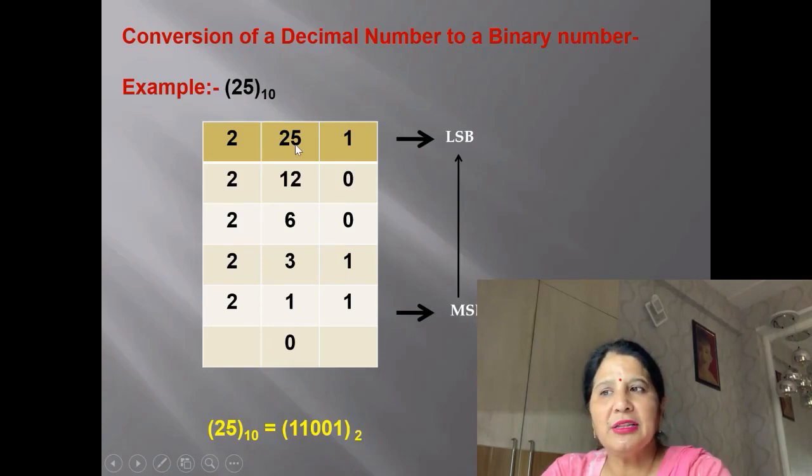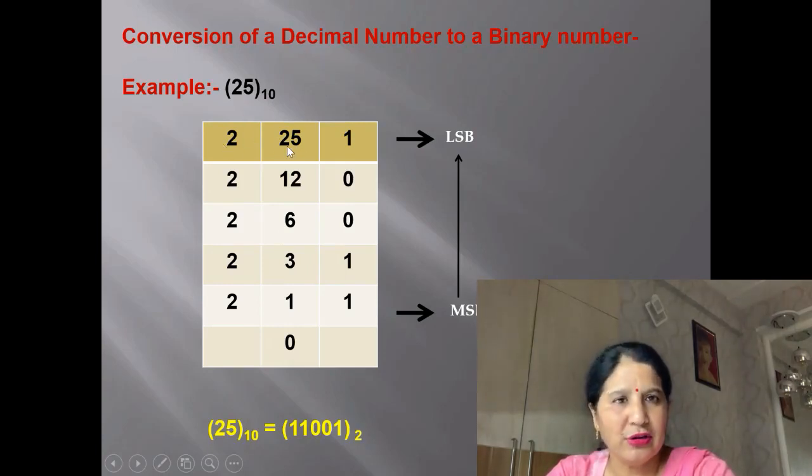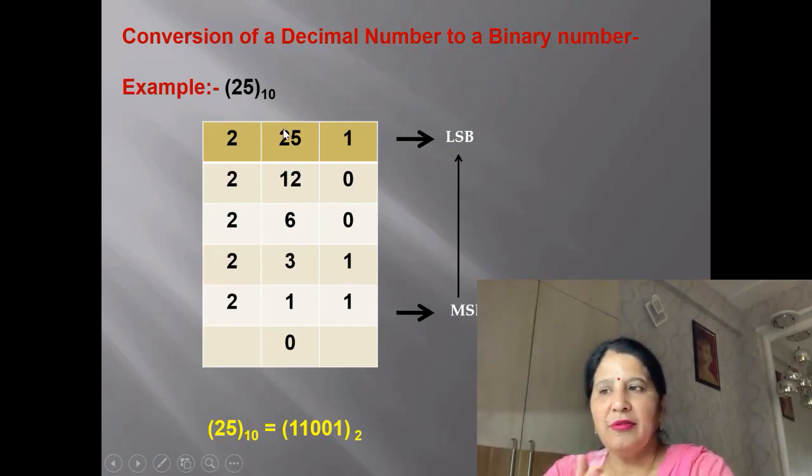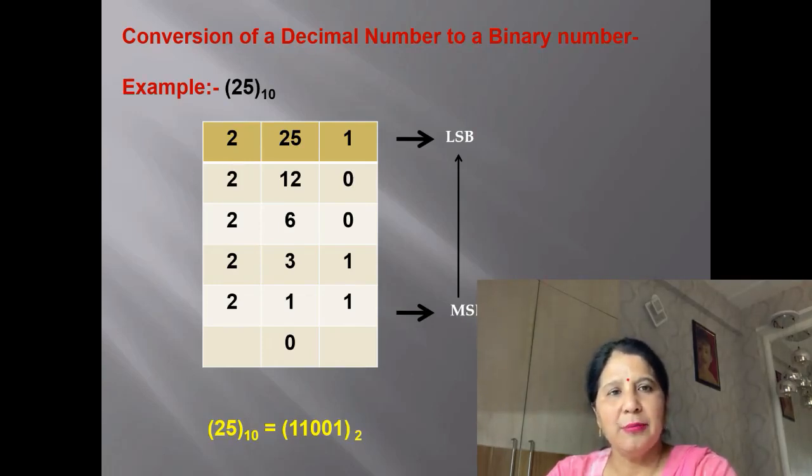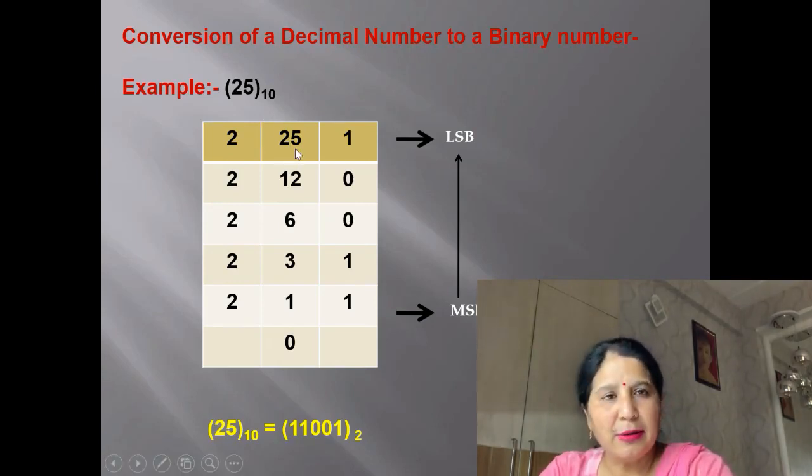The binary number base is 2, so we will divide this number by 2. Here we will write the number which will be divided, and here the number 2, because binary number base is 2, so we divide this decimal number by 2. First we write 25, then we divide it by 2.